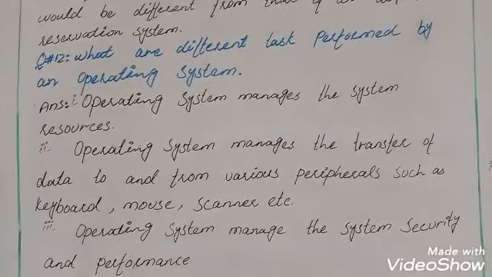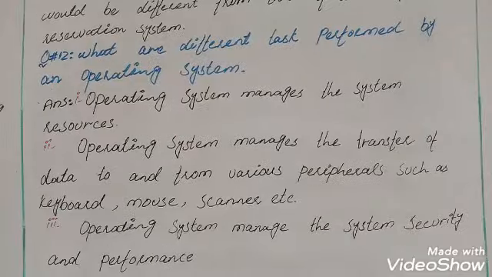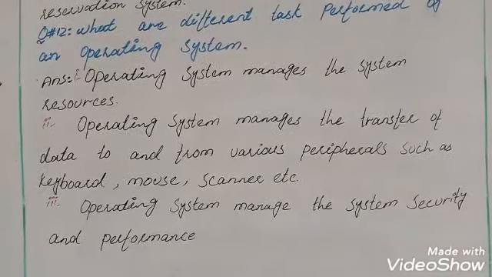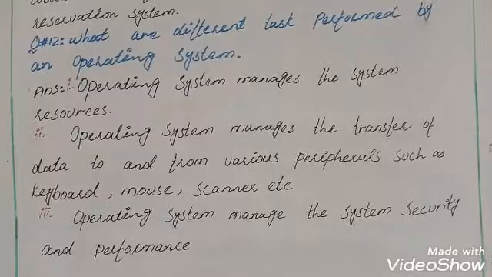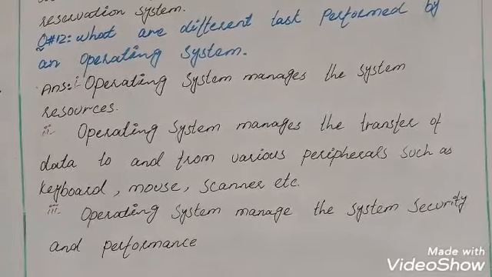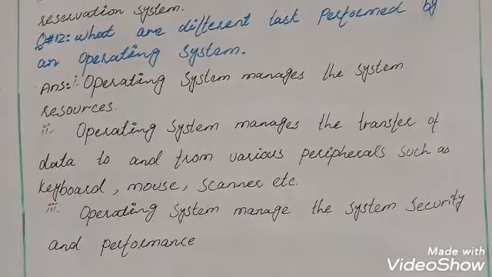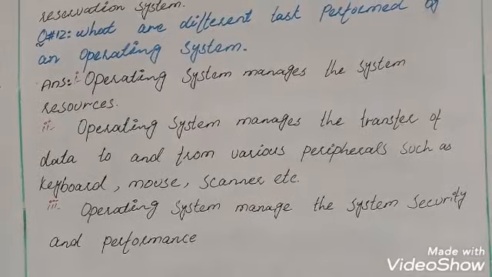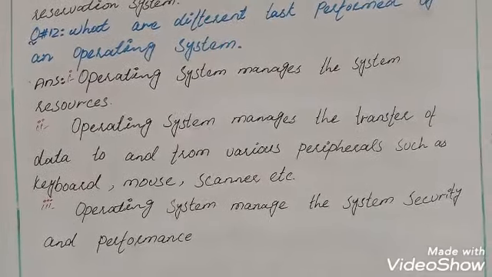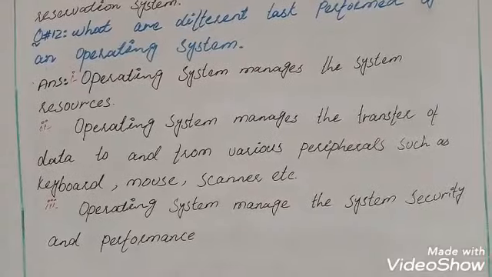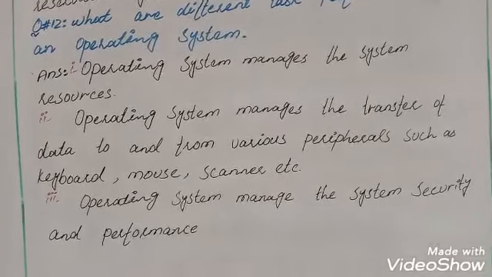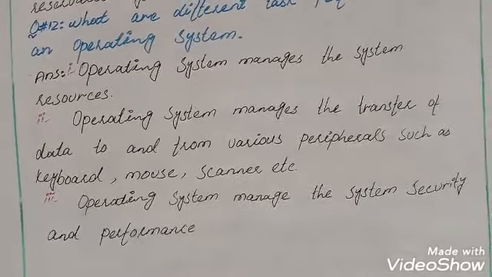Question number 12. What are different tasks performed by an operating system? Answer. Operating system manages the system resources. Second one is operating system manages the transfer of data to and from various peripherals such as keyboard, mouse, scanner, etc. Last one is operating system manages the system security and performance.